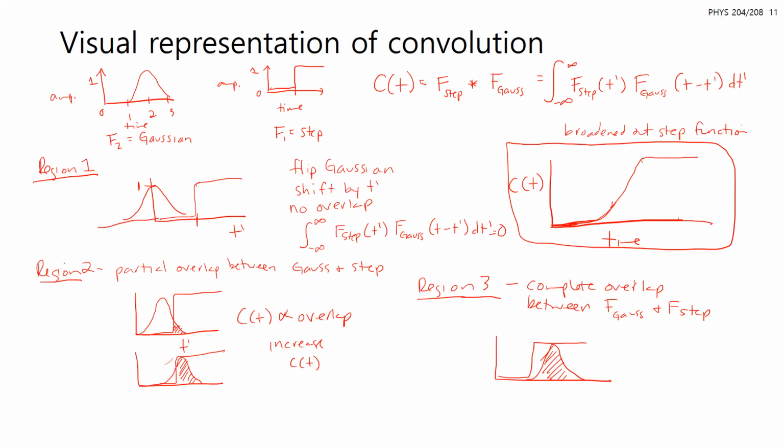And this will be dependent on the width of the Gaussian. So if you had a thinner Gaussian, this would occur much sharper. It'd be closer to the step function. While if you had a wider Gaussian, that slope would decrease there. So this is just an example of a step function and a Gaussian.